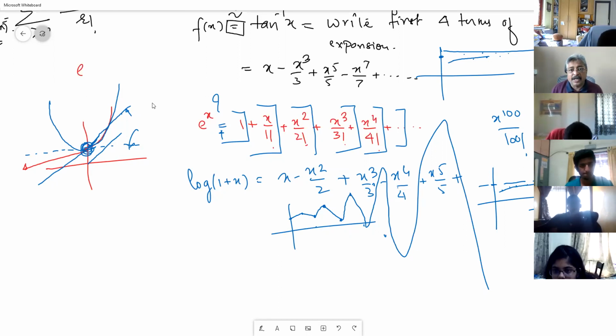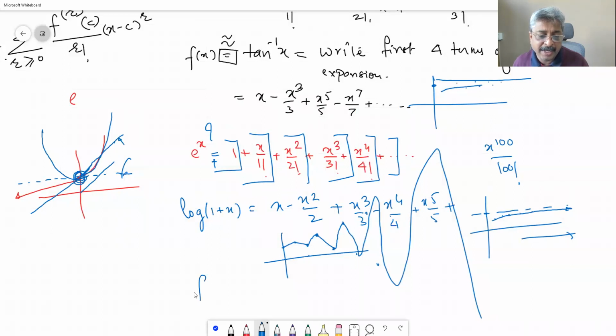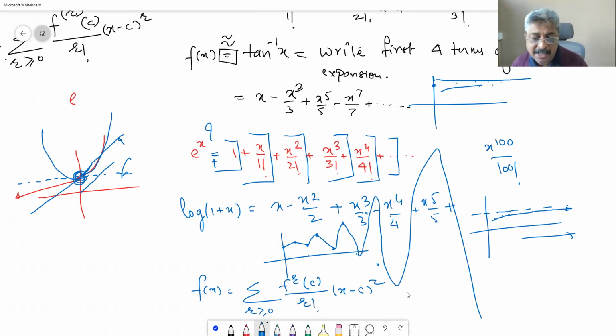Now I am telling you a very important thing. If the functions are good, well behaved, and you are writing f of x is equal to the series expansion, sigma f rth derivative evaluated at c upon r factorial into x minus c raised to r, for all r greater than or equal to 0, if you stop at r is equal to n, this is not going to be equal.